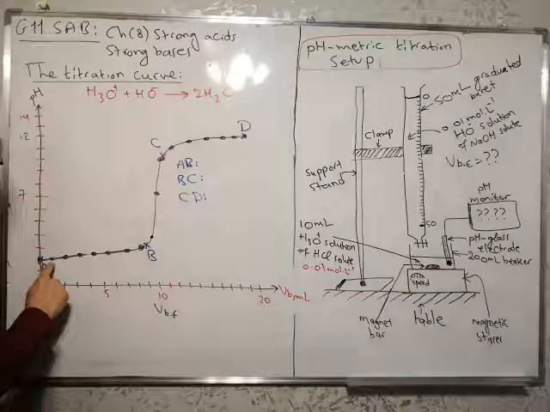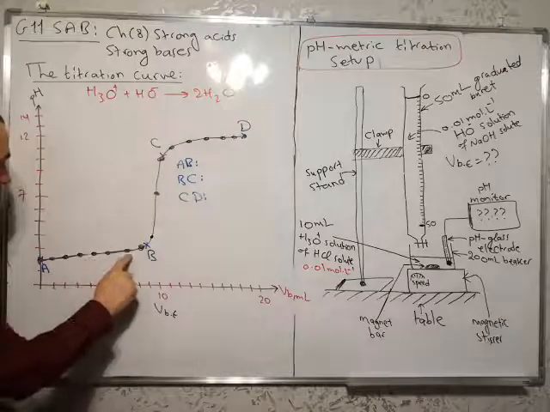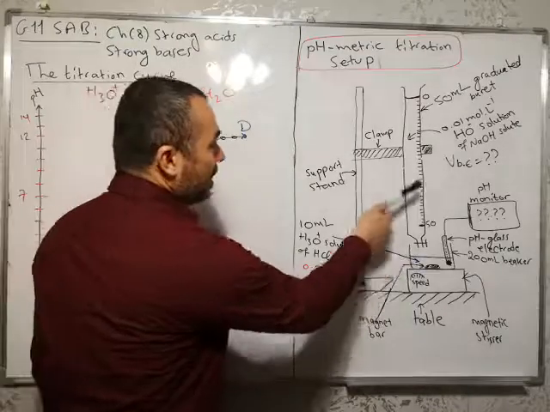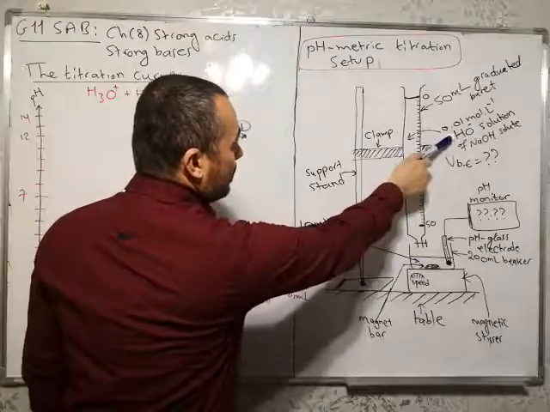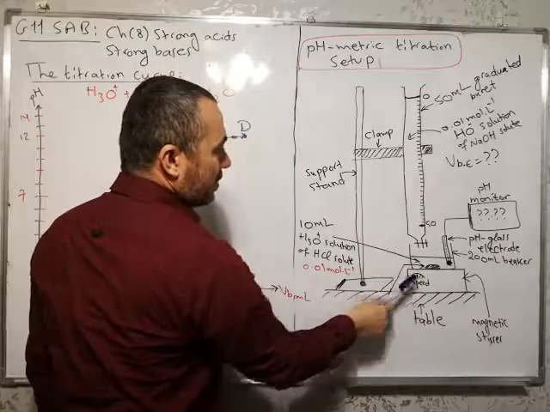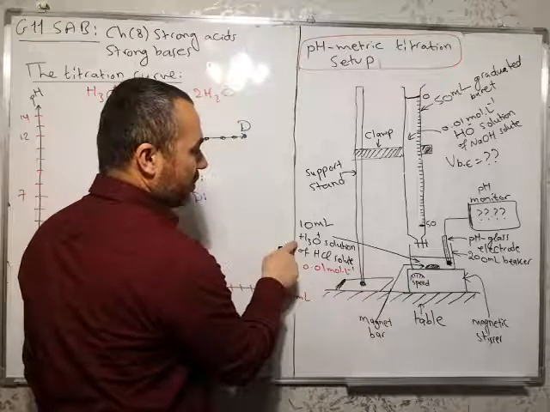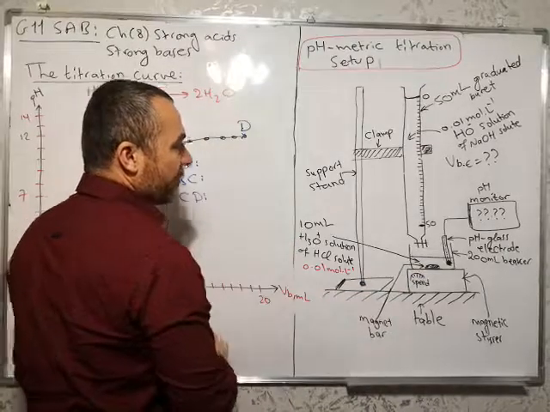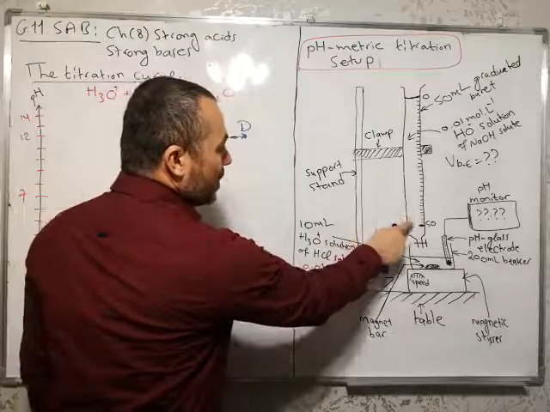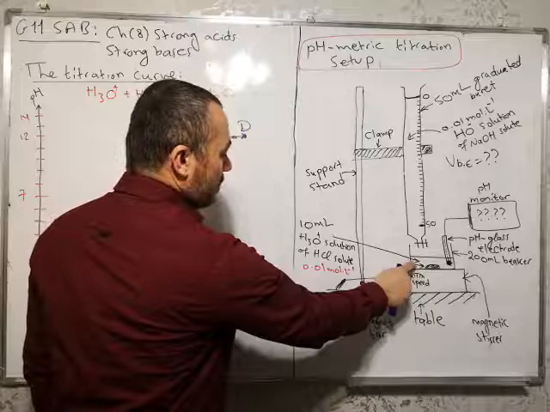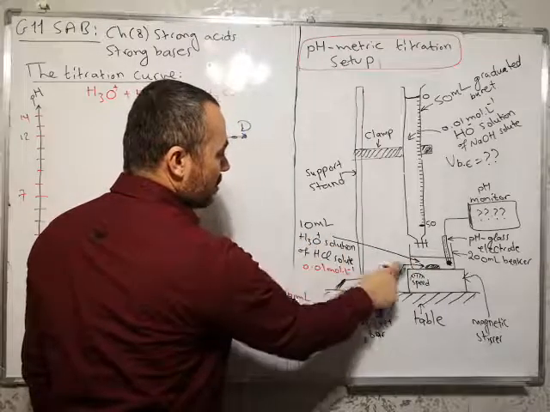Why this slight increase? In this titration, when we add the strong base over the strong acid, H3O+, we add, say, 1 milliliter over 10 milliliters of this strong acid.